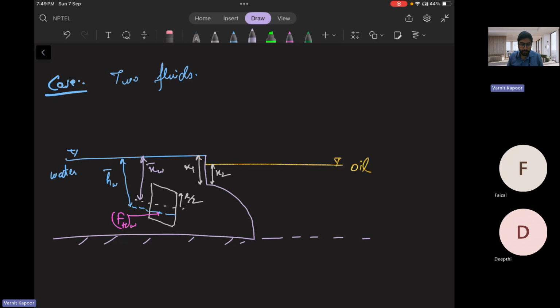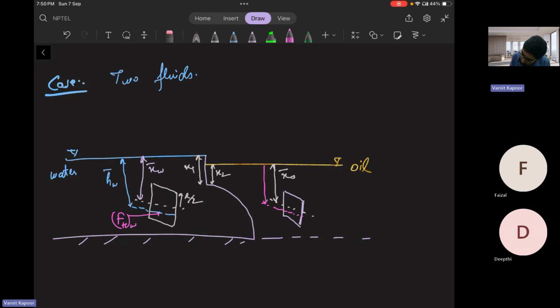Again, you will draw the projection here as well for the oil. Okay. There will be X bar of oil and H bar of oil. So this is X bar of oil.